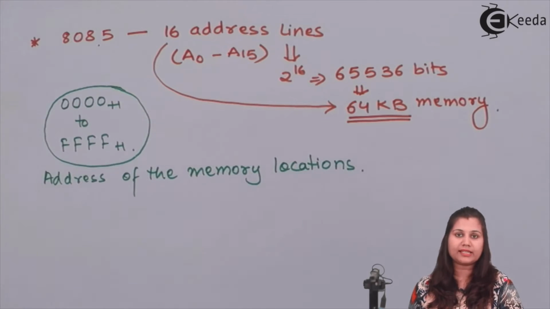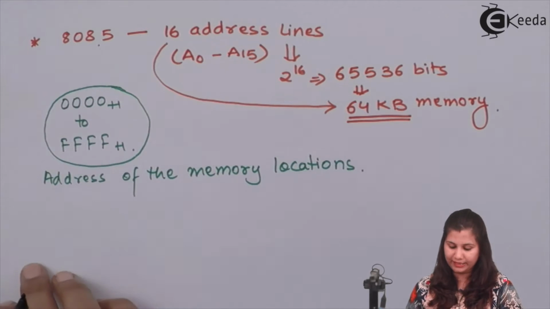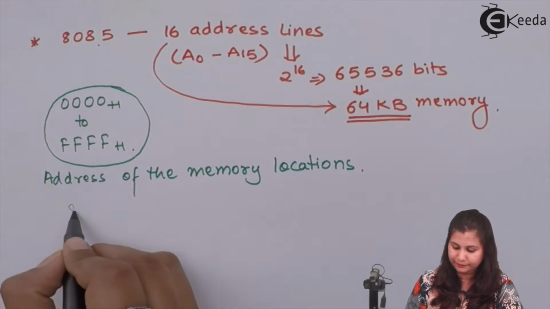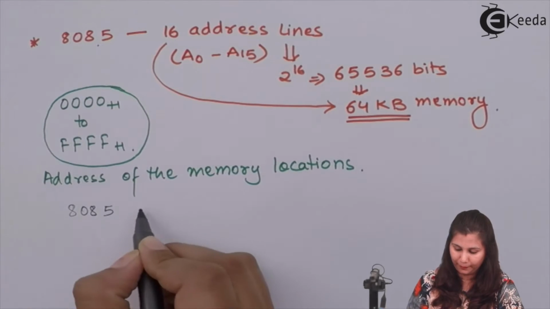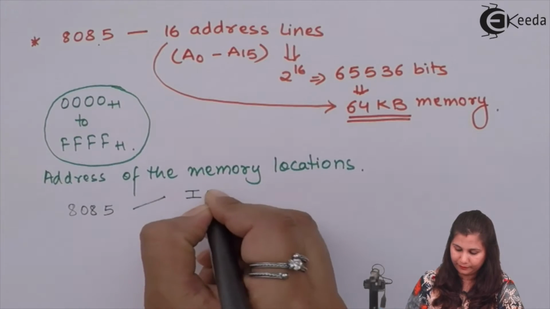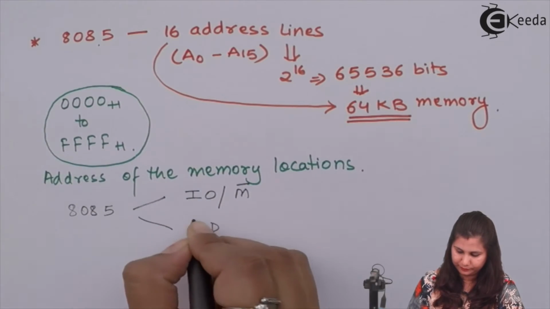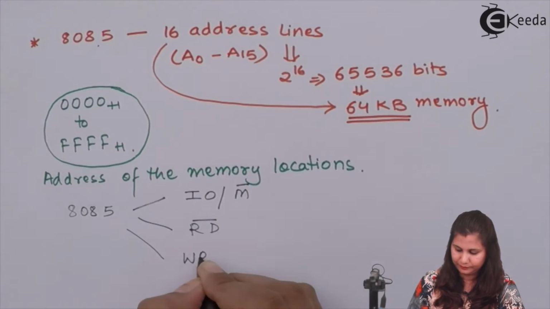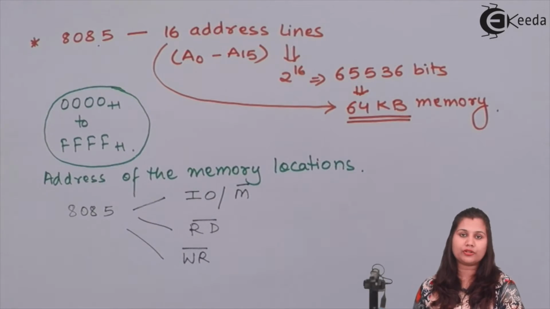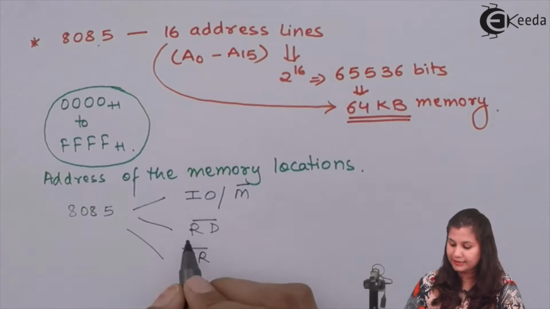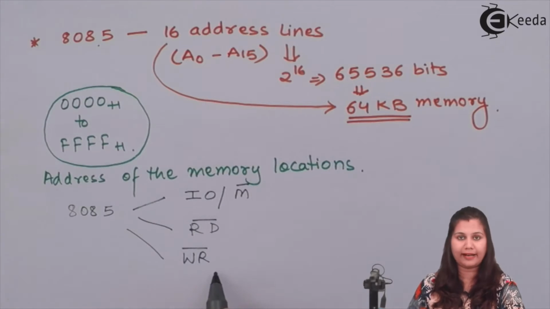Whenever this communication takes place, the 8085 microprocessor uses these 3 control signals. First is the input output or memory signal, then the read signal and the write signal.